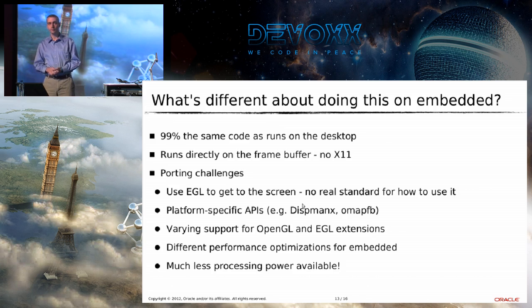On the BeagleBoard XM, we find that generally hardware accelerated mode is about twice as fast in our benchmarks as software rendering mode. On the Raspberry Pi, it's about 10 times as fast because the CPU is weaker and the GPU is more powerful. Having said that, it's still an embedded device. There are some things which will work well on the desktop which are just sluggish on this device.